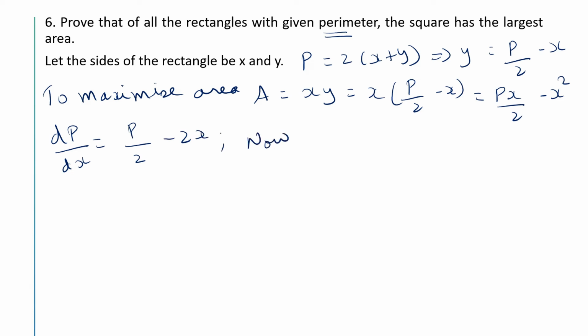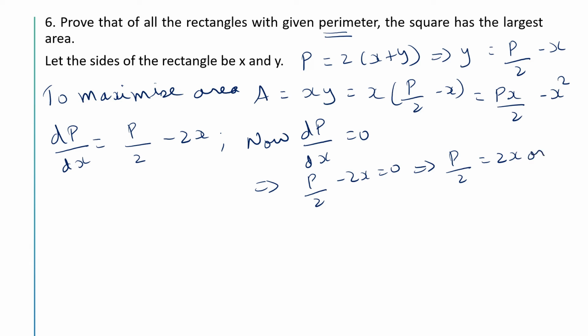So at the critical points dp by dx equal to 0, it means p by 2 minus 2x equal to 0, or from this we get p by 2 equal to 2x, or x is equal to p by 4.